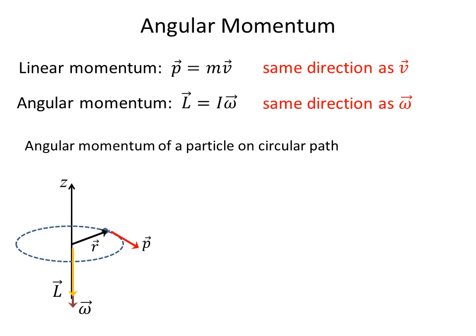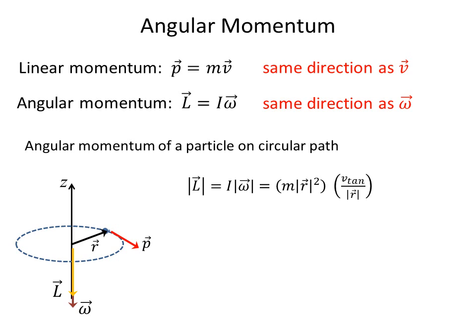To figure out what the magnitude of L is, we're going to define two new vectors, a radial vector that goes from the axis to the particle, and the linear momentum vector of the particle, as shown. So the magnitude of L will be equal to the moment of inertia of the particle times the angular velocity of the particle.